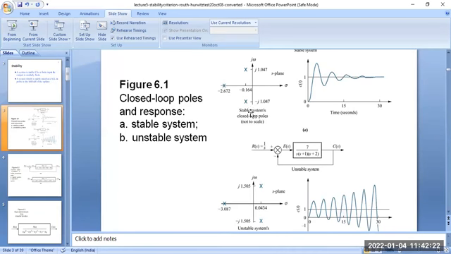We classify the systems into two: one is the stable system, and the one below is the unstable system. Most of the poles are present in the LHP, the left half plane.